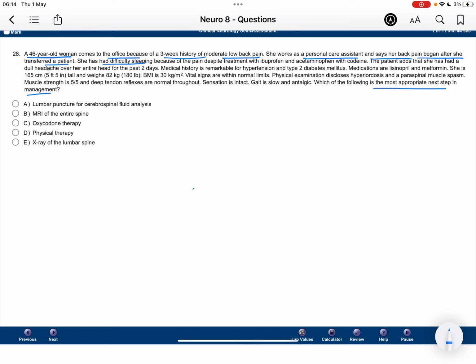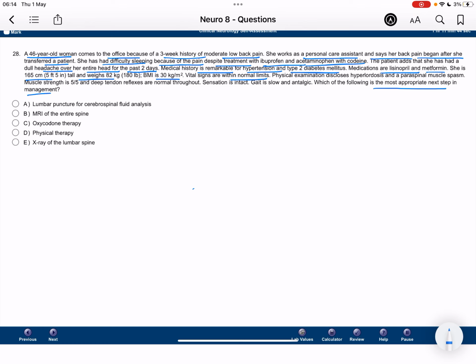She has had difficulty sleeping because of the pain despite treatment with ibuprofen and acetaminophen with codeine. The patient adds that she has had a dull headache over her entire head for the past 2 days. Medical history is remarkable for hypertension and type 2 diabetes mellitus. Medications are lisinopril and metformin. She is 165 centimeters tall and weighs 82. BMI is 30. Vital signs are within normal limits.